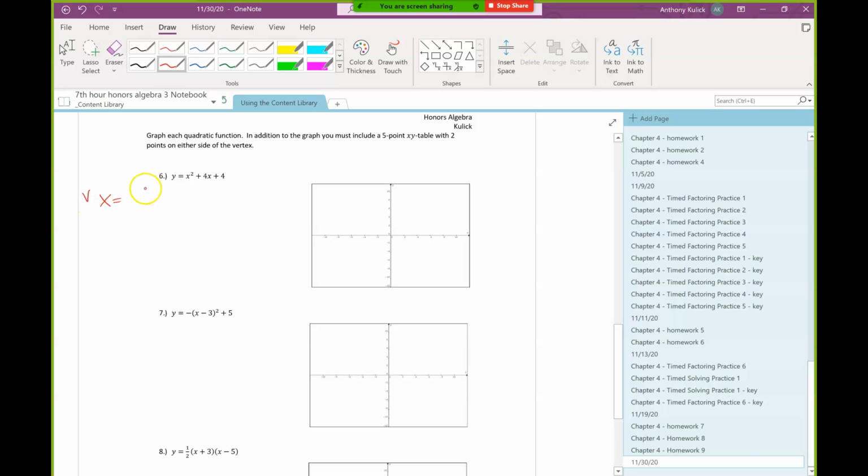The x-coordinate is going to be found by doing negative b over 2a. So that's negative 4 over 2 times 1, which is negative 2. And then when I find the y-coordinate, I'll plug negative 2 in for the x's. When I do that, I get 0.